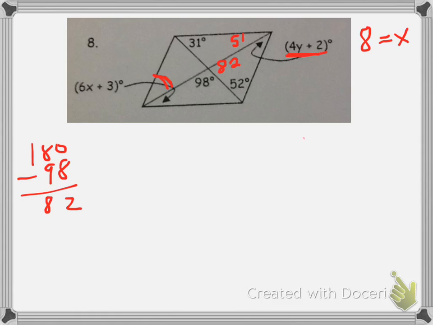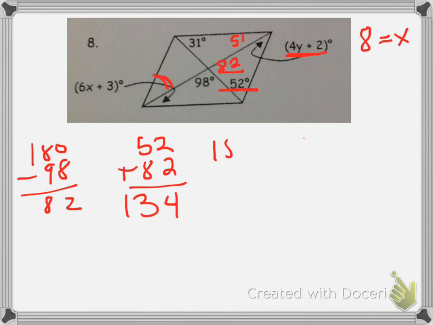So if this is 52 and this is 82, we have 52 and 82 there. 52 plus 82 is 134. This angle measure over here has to be 180 minus 134, which is 46.